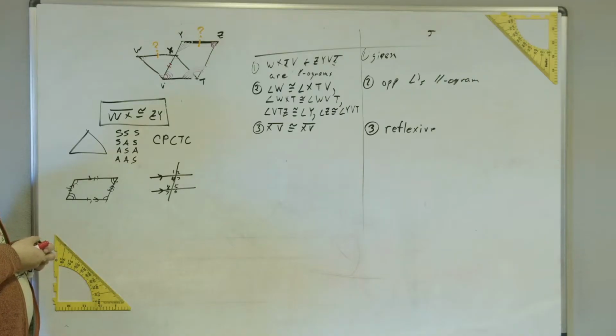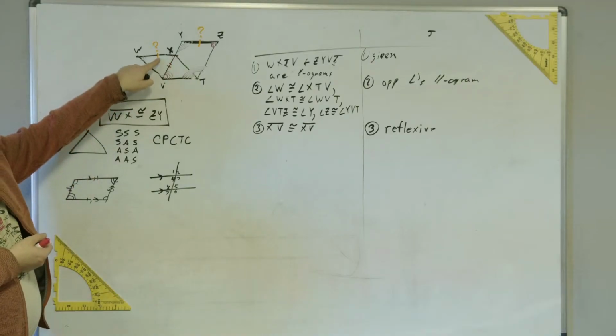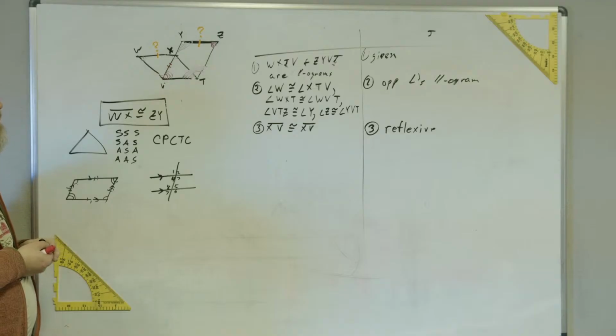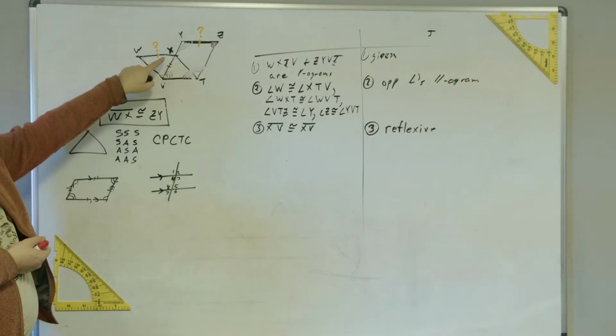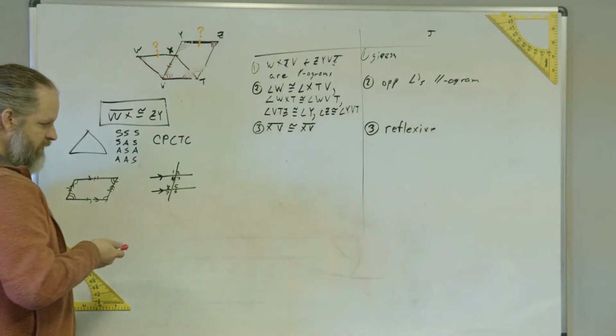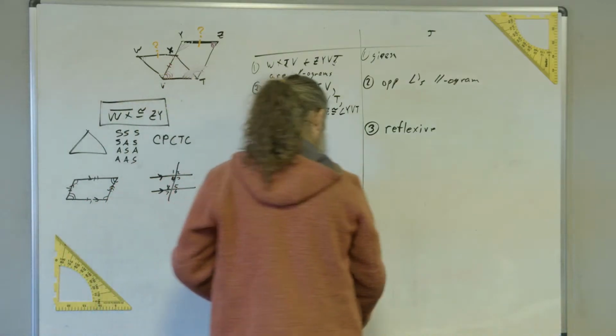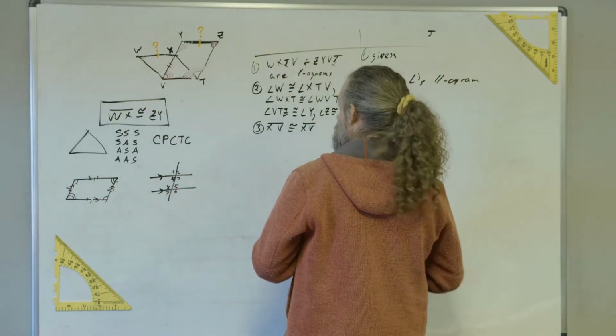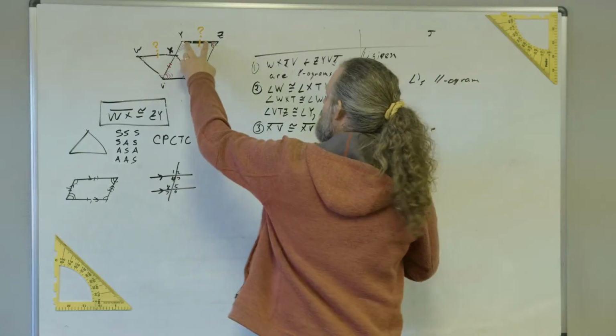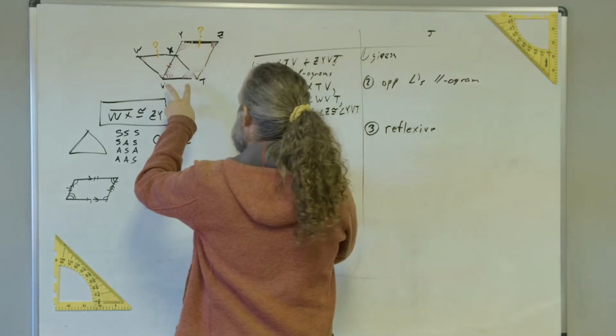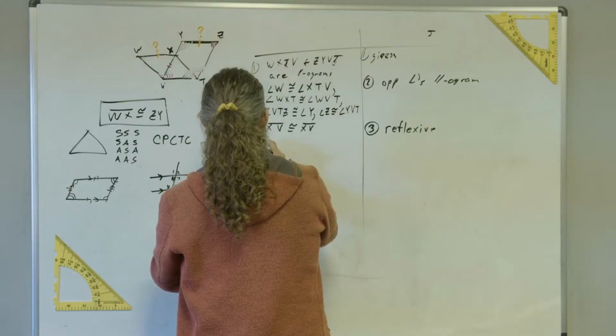We can say that VT is congruent to WX. We can say VT is congruent to YZ because those are opposites, and that gives us some things we're interested in, right? So we may as well go ahead and put that in there. So this side is opposite that one, and this side is opposite that one.